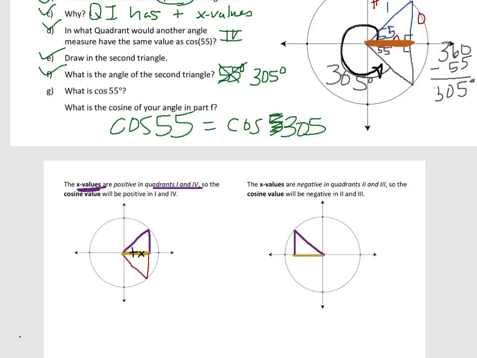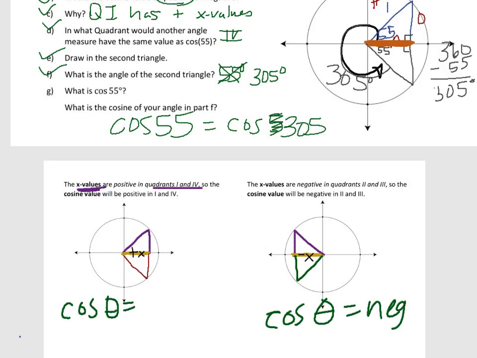Our x value here is negative. So we have a negative x value when we go back in the unit circle, back in that coordinate plane. So these two quadrants will have negative x values, so the cosine of theta will be negative, where over here the cosine of theta will be positive.